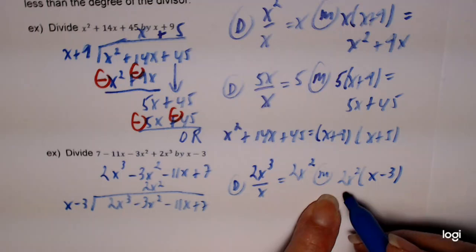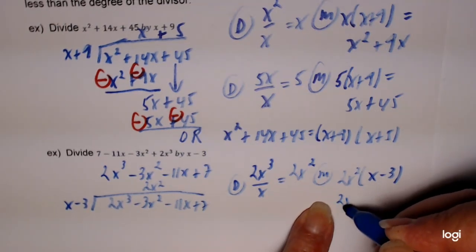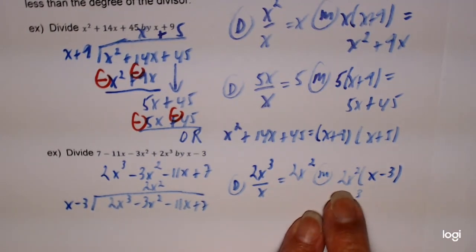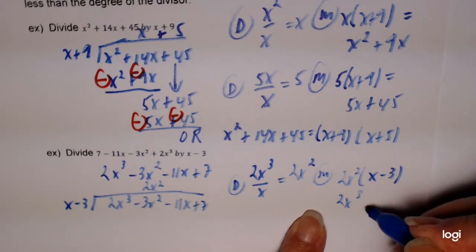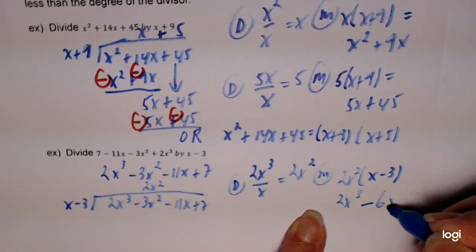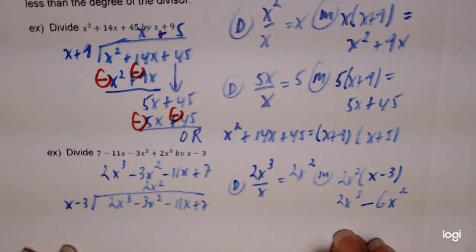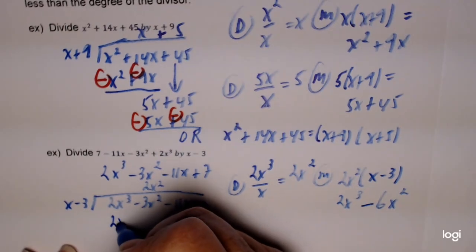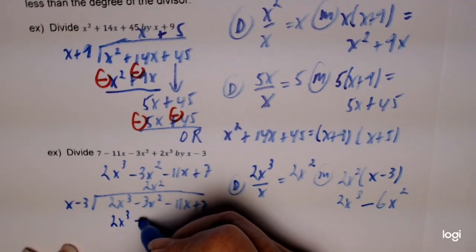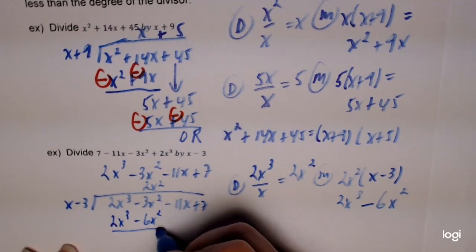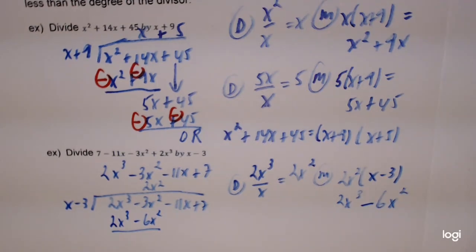So 2x squared times x is 2x cubed. 2x squared times negative 3, 2 times negative 3 is minus 6x squared. So let's write this here, 2x cubed minus 6x squared. So there's the multiplication. Next, subtraction.